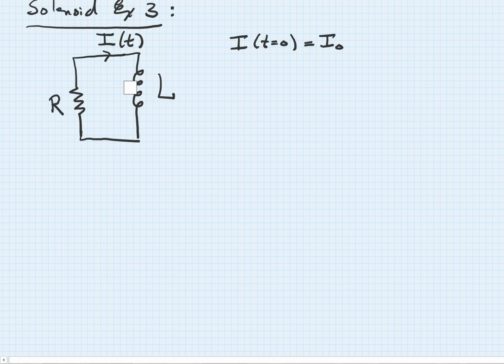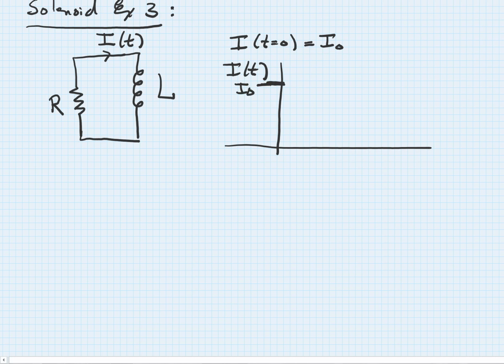Now, when we think about the behavior of the current as a function of time t, and try to make a sketch of what we're going to expect, what we know is that the current had a value I naught at the very beginning. Somehow we had gotten this thing powered up. But there can't be any discontinuity in the behavior of the current. We know eventually it's going to slow down and stop because of this resistance.